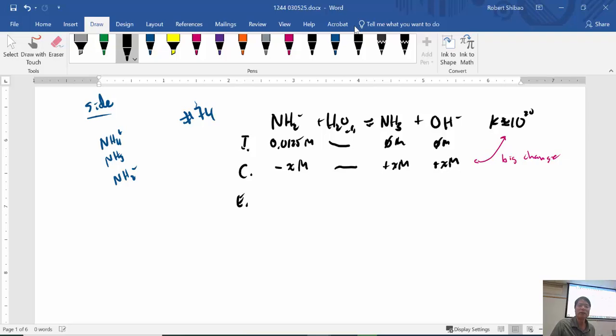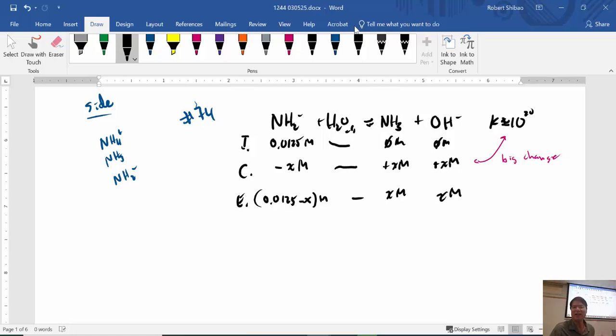So at equilibrium, I'm going to expect 0.0125 minus X, whatever X comes out to, molar left over, and then I expect to form X molar ammonia and X molar hydroxide.